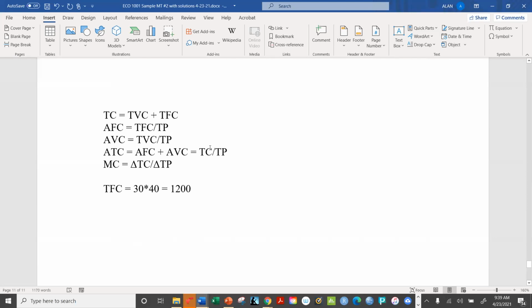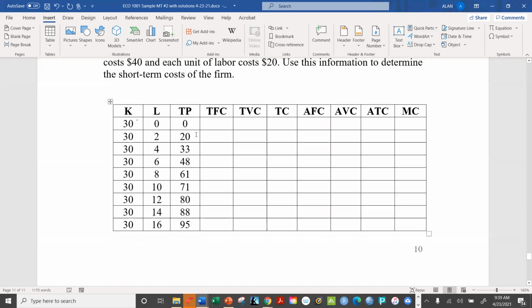So our fixed costs are $1,200. So we can just fill that in directly. And since I'm using a computer, I can just copy and paste.